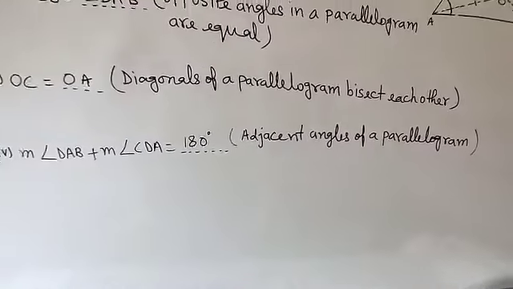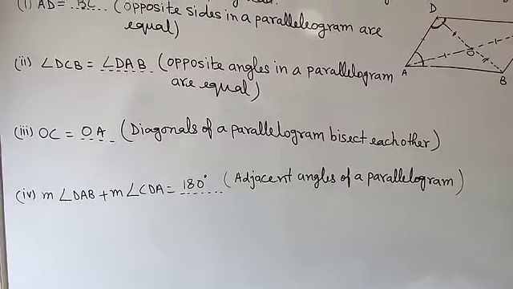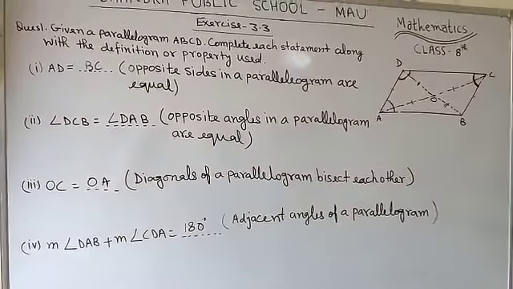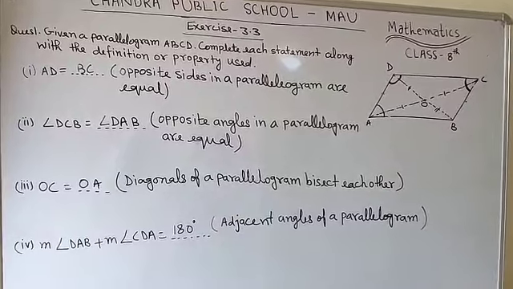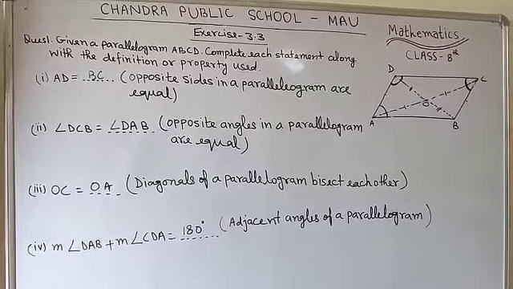The reason is that these are the adjacent angles of the parallelogram, so their sum will be 180 degrees. So students, I have given the solution of the first question with the reasons, so that you can write it in your copy.